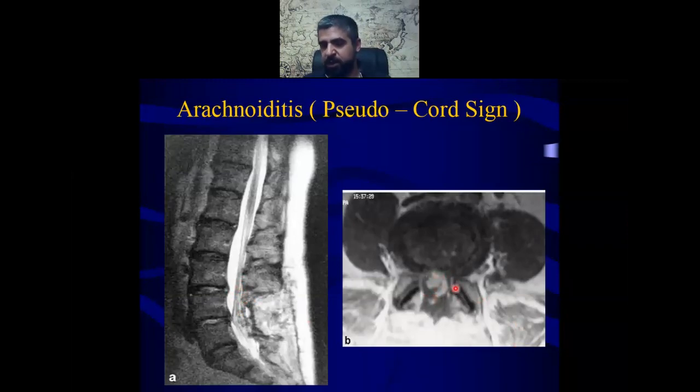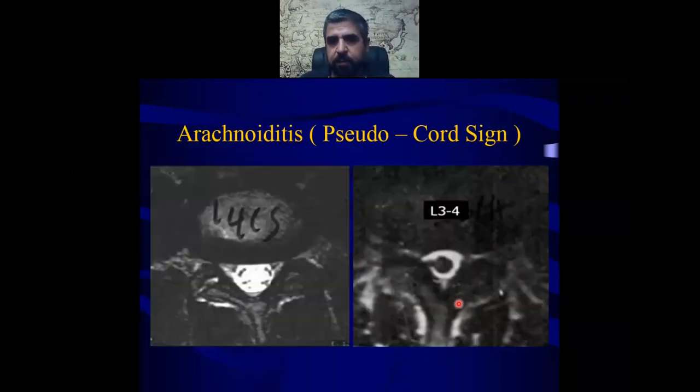Which is not a cord, it is just a pseudo-cord sign of arachnoiditis. Again, this is L4-5 before surgery, and this is after. This is the same patient at L4-5. Everything looks normal.